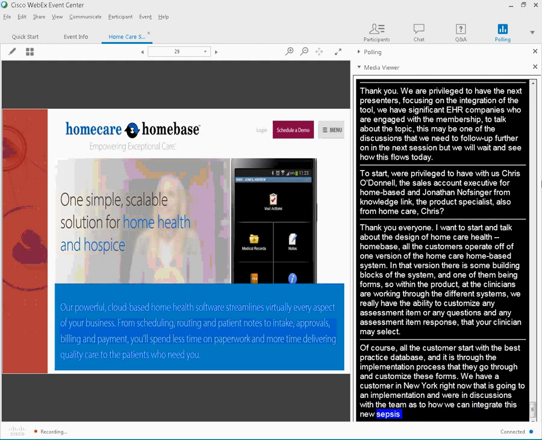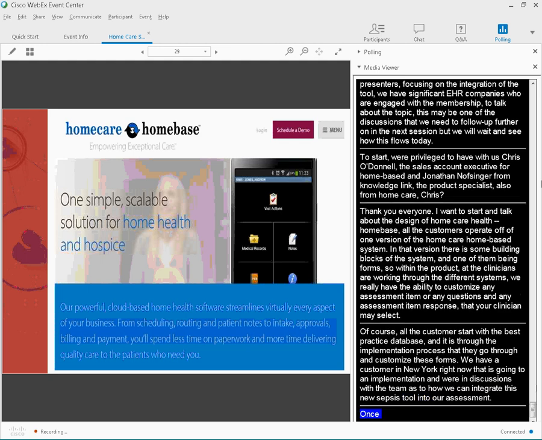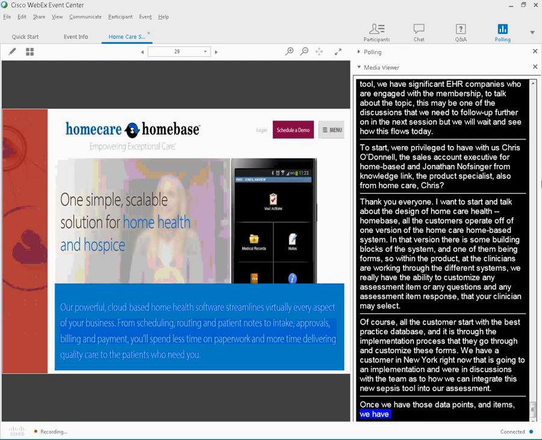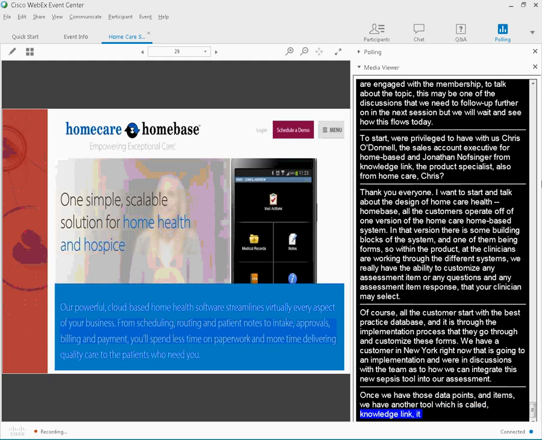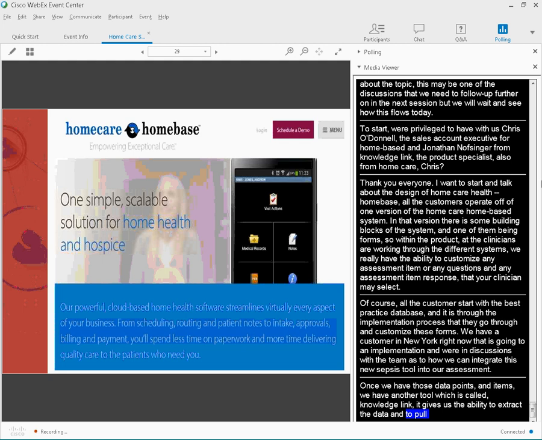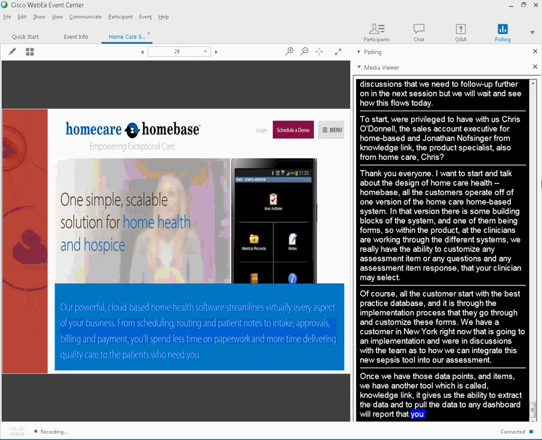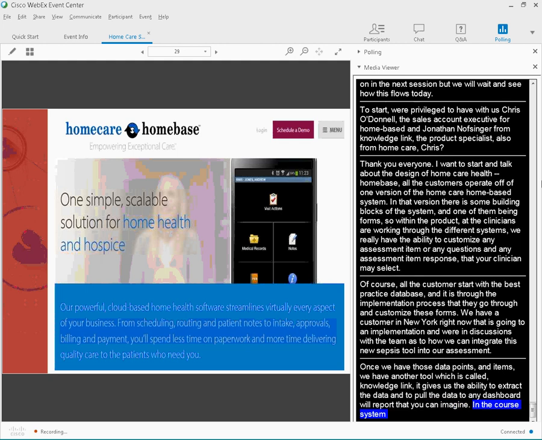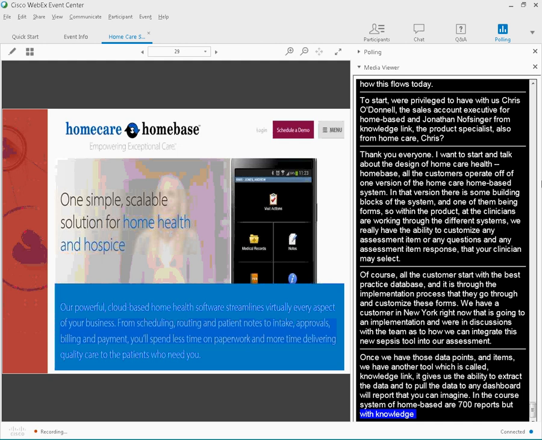Now, once we have those data points and those finite data items within the system, we have another tool called Knowledge Link, which gives us the ability to extract that data and pull that data to any dashboard or any report that you can imagine. In the core system of Home Care Home Base, there are over 700 reports, but with Knowledge Link, we really say if you can dream it up, you can build it within Knowledge Link.